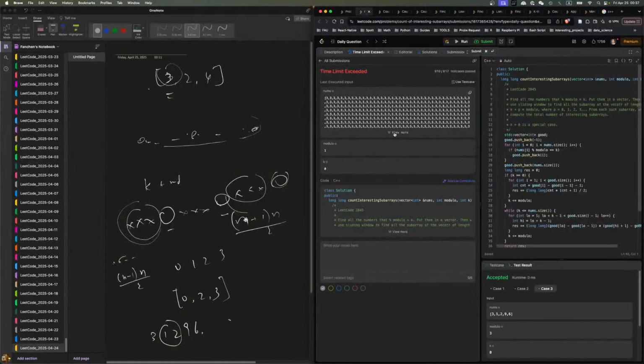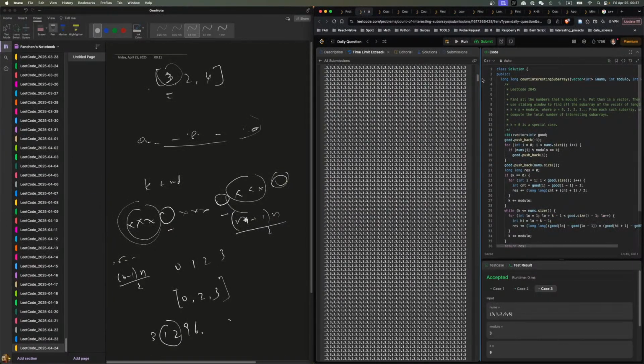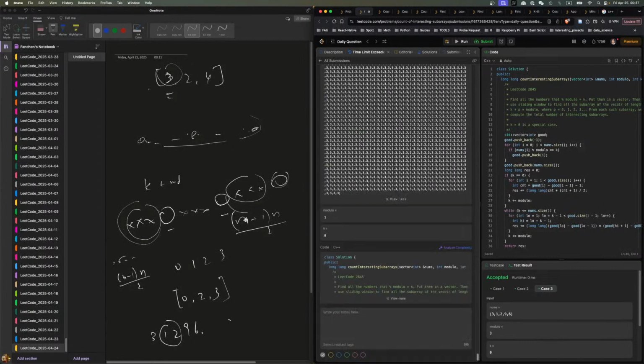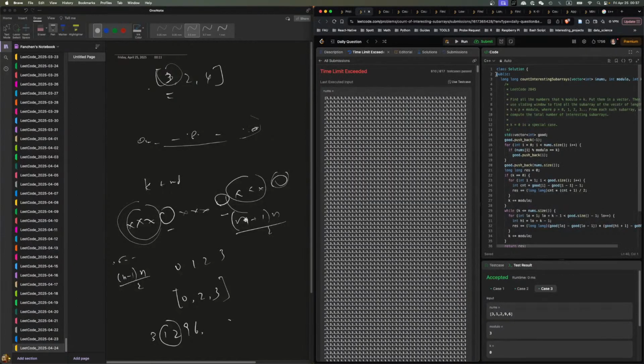Because this is all the same. Oh jeez. Modulo 1, mod 1 equal to 0. Oh, that's just everything. The good is just everything, so there's no saving there. And k will be plus equal 1 every single time. There's also no saving there.